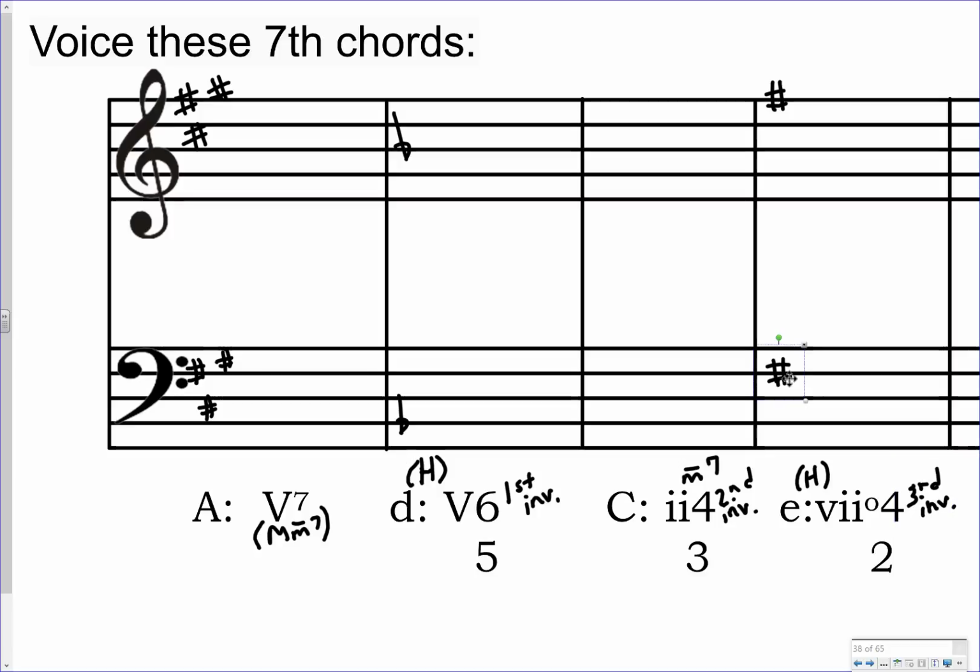And begin to voice these 7th chords, and we'll come back in a little while to share our responses and make sure that we have the correct tones and the correct note in the bass. Be very careful with your inversions. Good luck, AP.